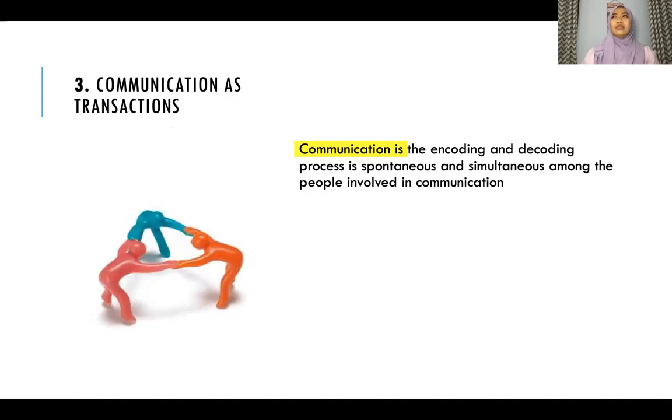So whatever message you send, either verbal or nonverbal, will be given a meaning, or will be interpreted. Okay, let me give you an example first.